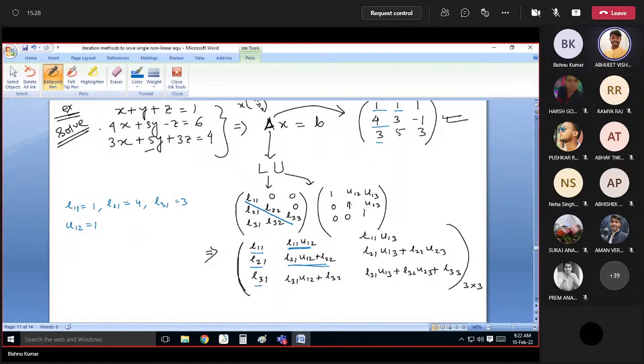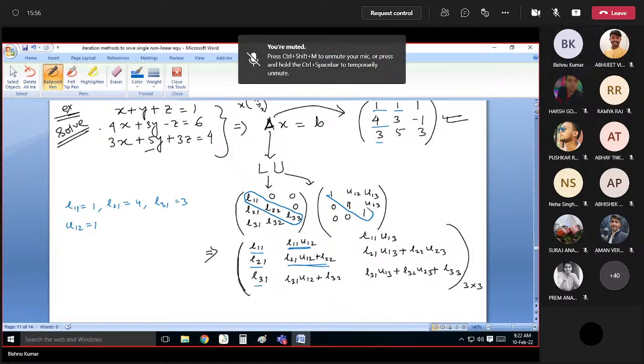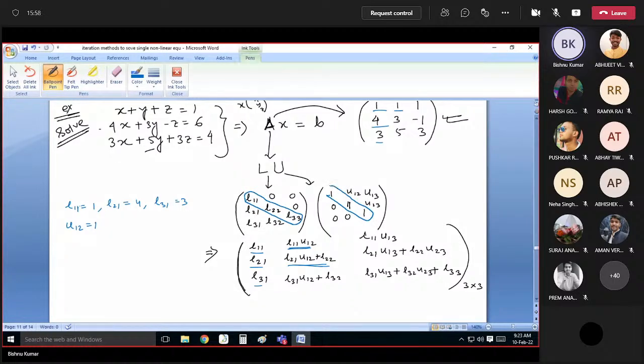Excuse me, sir. Can you please repeat it? Why have I not taken the U matrix diagonal elements U11, U22, U33? If I consider the U diagonal also variable, like the L diagonal I have taken here, why have I not taken U11, U22, U33 like that?